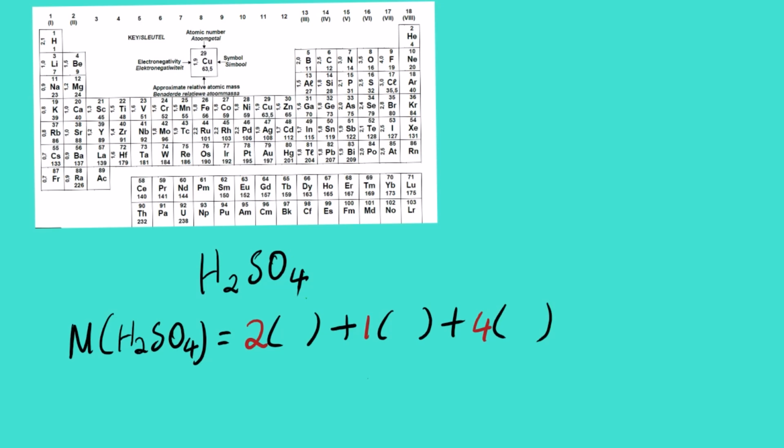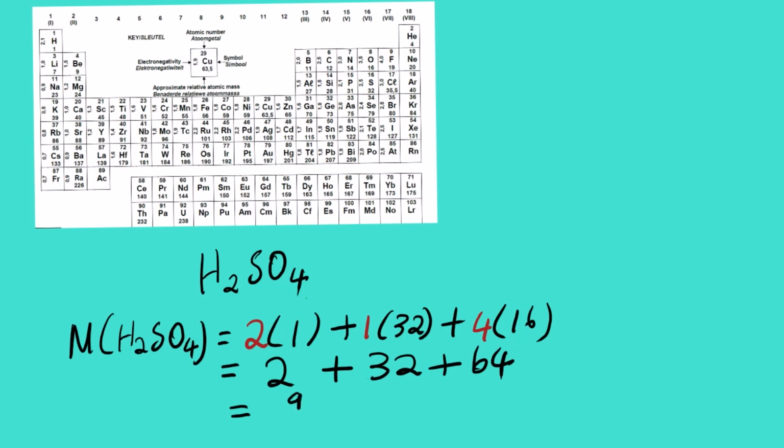So for hydrogen, the relative atomic mass is 1. For sulfur we have 32. For oxygen we have 16. Let us simplify. 2 multiplied by 1 is 2. 1 multiplied by 32 is 32. 4 multiplied by 16 is 64. Now 2 plus 32 plus 64, the answer is 98 grams per mole. I hope you got this one correct.